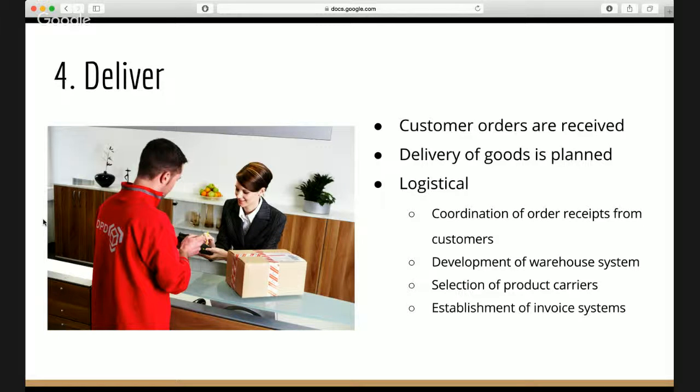It's where the coordination of order receipts from customers, as we said before, and development of warehouse systems to store these products for delivery happen, as well as deciding which carriers, whether it's going to be overseas, which companies they are going to use, and what kind of transportation, train, air, or sea. So all these happen here at the delivery phase, and it also establishes an invoice system to track these purchases.